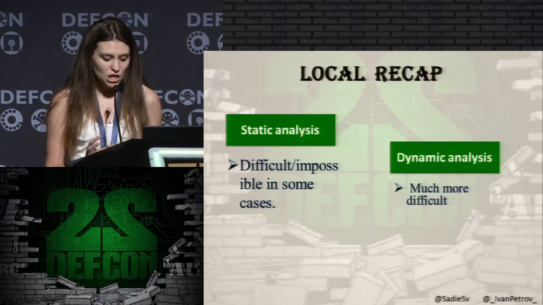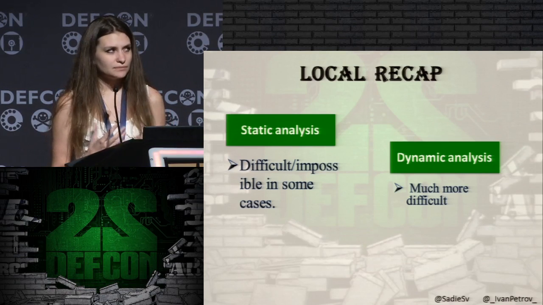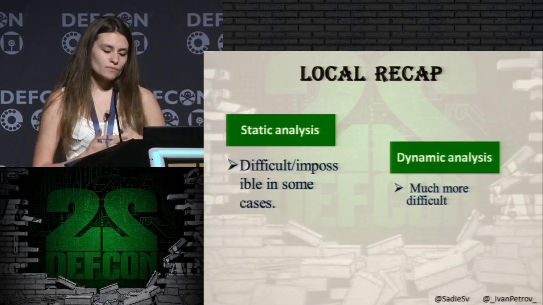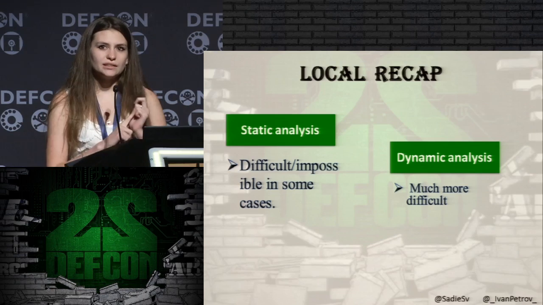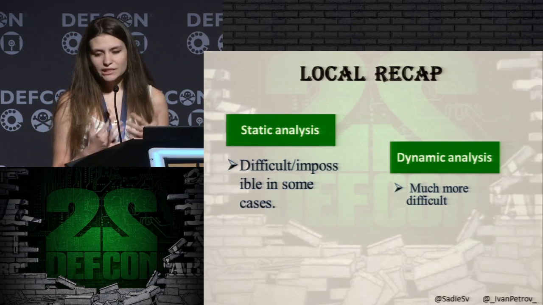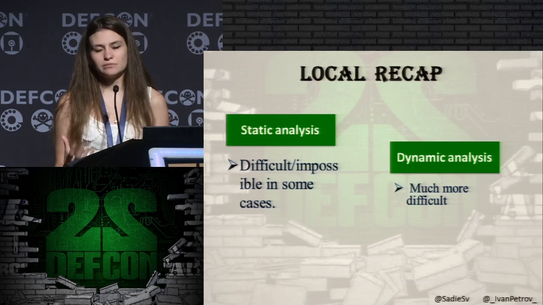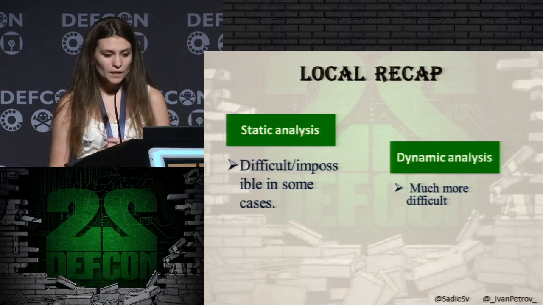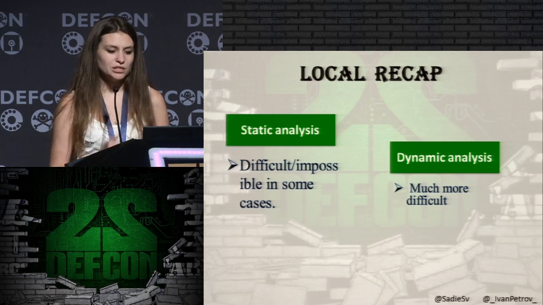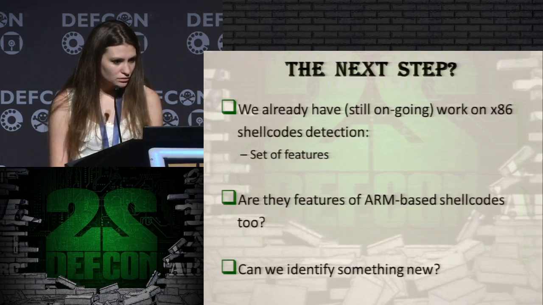Static analysis, I mean, which we used for detection of x86 shellcodes, such as analysis of control flow graphs, instruction flow graphs, and data anomalies. It's really difficult in the case of, for example, conditional executions to construct such a control flow graph. It's very time consuming, so it's not reasonable to use it here. And dynamic analysis is much more difficult. Well, I've mentioned it before.